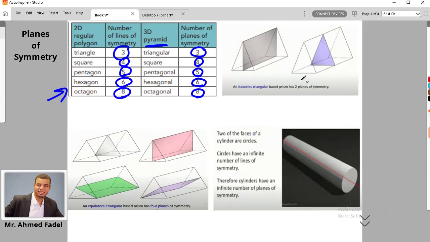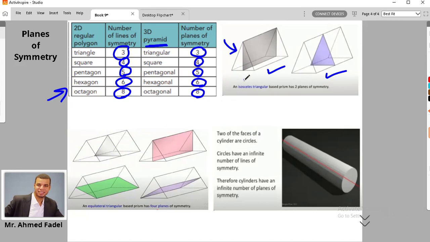All right. What about an isosceles triangular based prism? So a prism like this, a triangular prism, as you see here. And this triangular prism, if it is isosceles, an isosceles triangular base prism, you're going to find that it has two. Here is one, here is the second. Two planes of symmetry. And for this triangular prism, but it's made of what? Equilateral triangle.